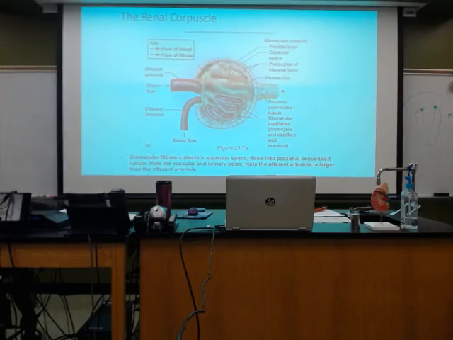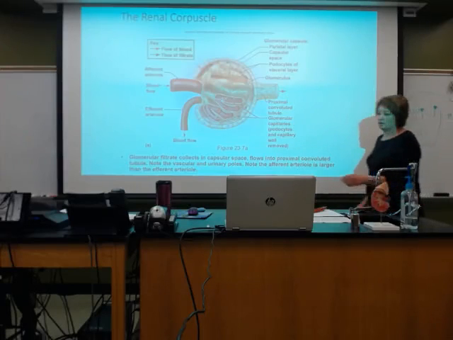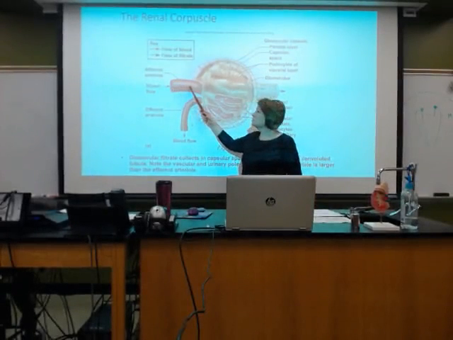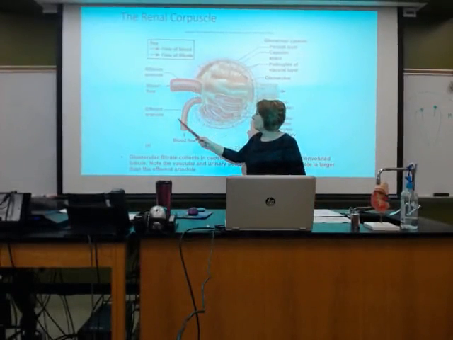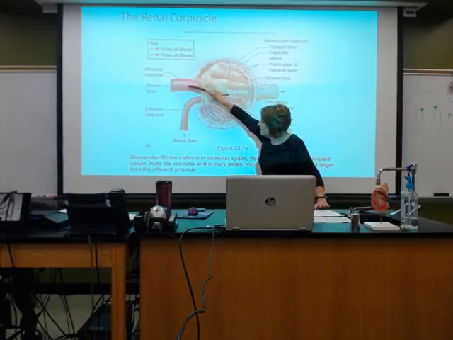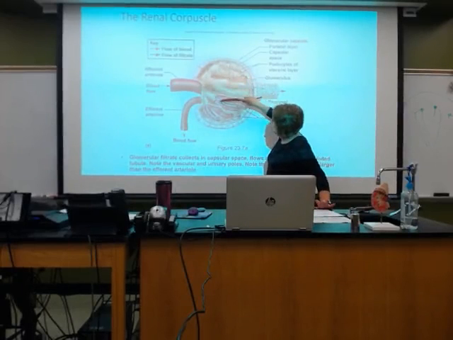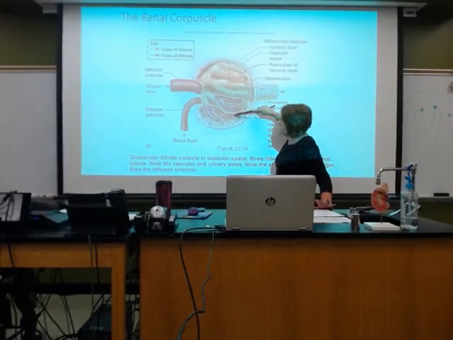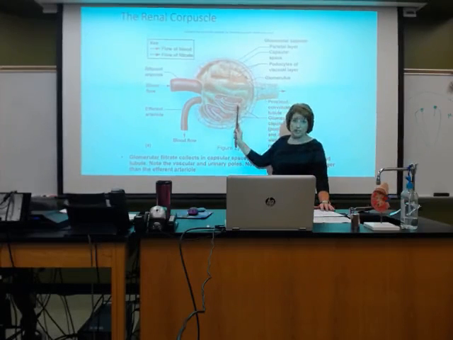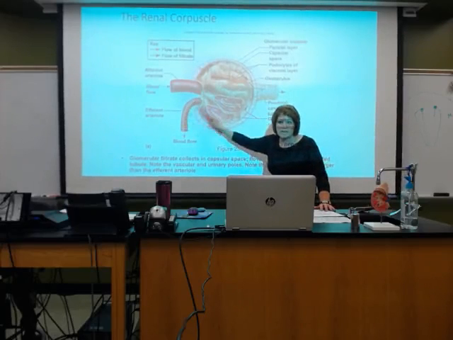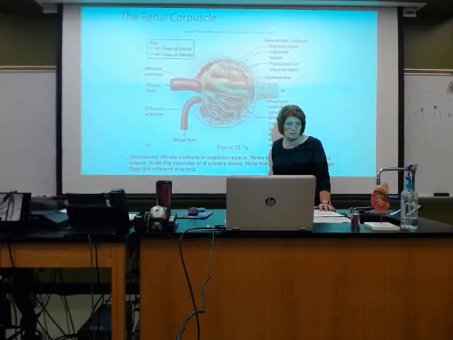So, if I have my blood come in by way of the afferent, which is big, and leave by way of the efferent, which is small, I've got a huge flow that can move through this ball of capillaries, and it's under high pressure because of that pressure gradient.